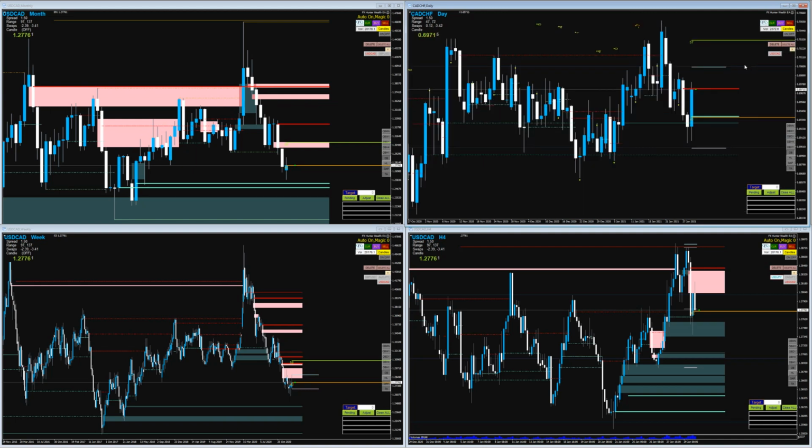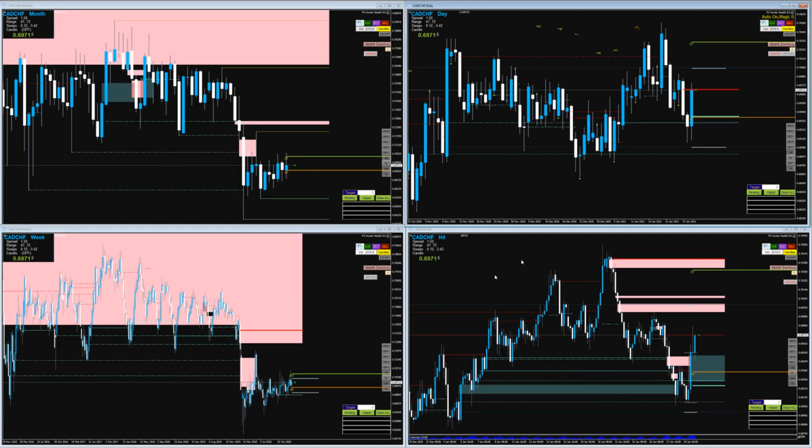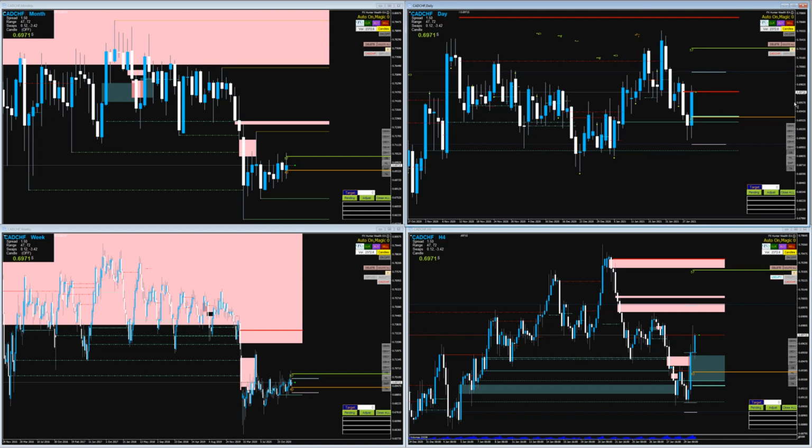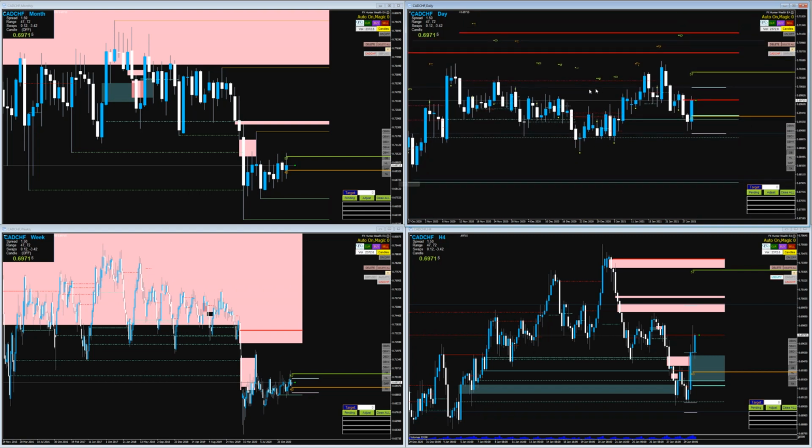So we have seen that the Franc is actually weak, right? And the CAD right now we find out that is strong. So what we are seeing here, this is the CAD Franc, and we actually bounced here on the weekly, and let's look what we have here on the daily, and let's look how the numbers look like.